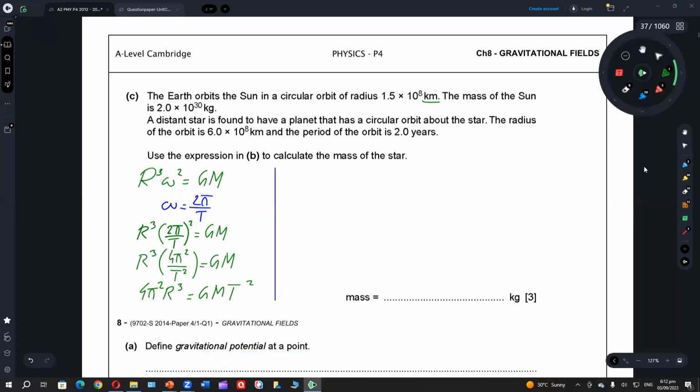Now, what you have to do, you should try to make a ratio based formula, because 4 pi square is a constant, G is a constant. So I want to rearrange it, and I will say that R cube is equal to G upon 4 pi square into M into T square. So I can say that R cube is equal to a constant into M T square.